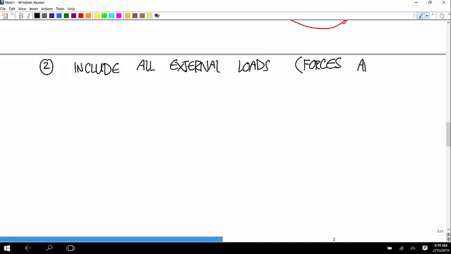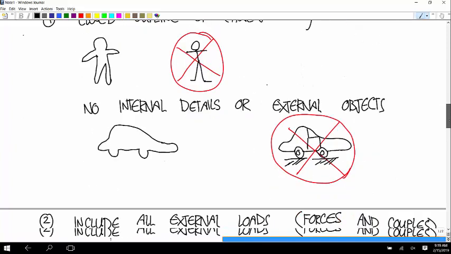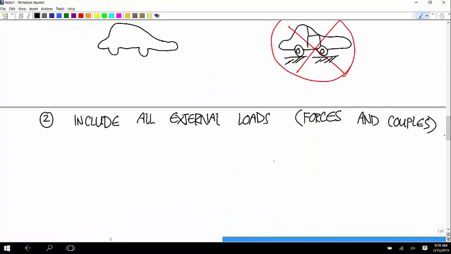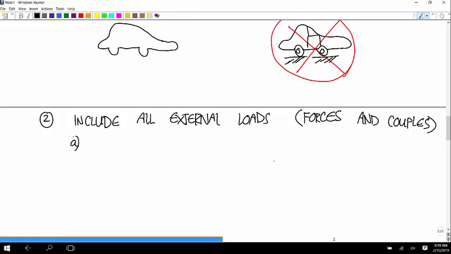So forces and couples are both types of loads. So break this up into two types.